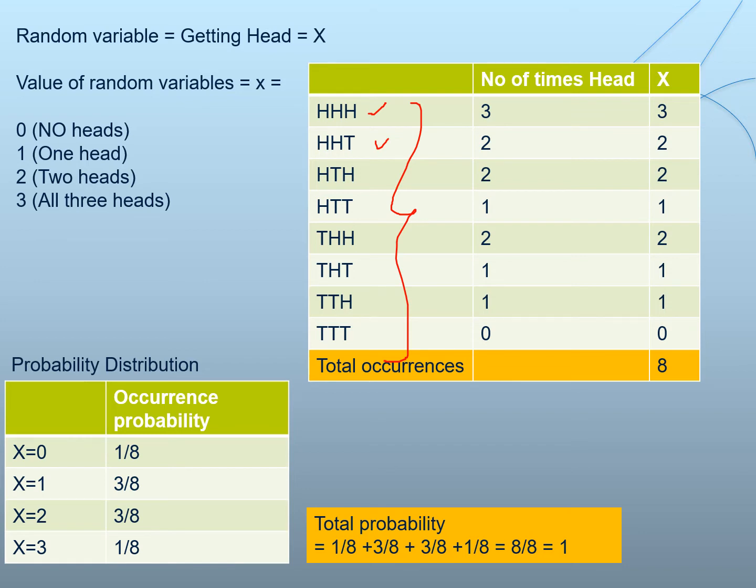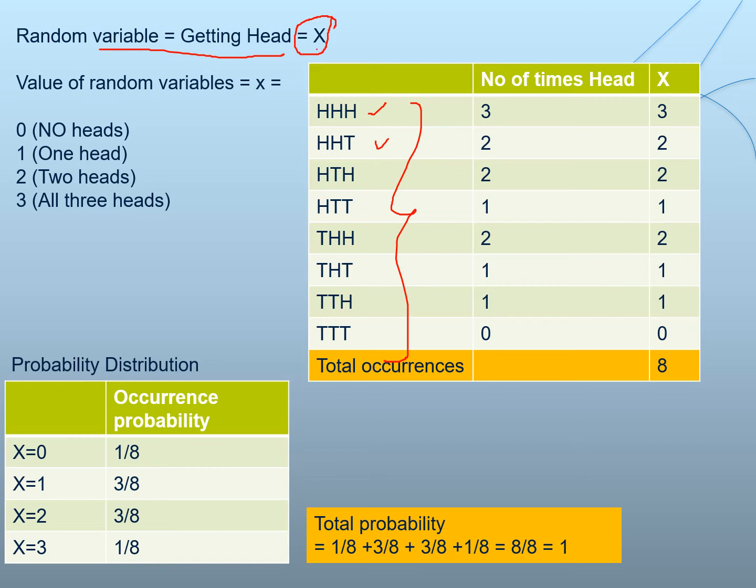Okay, what is the probability of getting head? Or we may be looking for getting tail. So you can define your random variable, what you are looking for. Let's say we are looking for getting head, and that is the random variable. Getting head is the random variable, and X is what we denote to define that random variable.